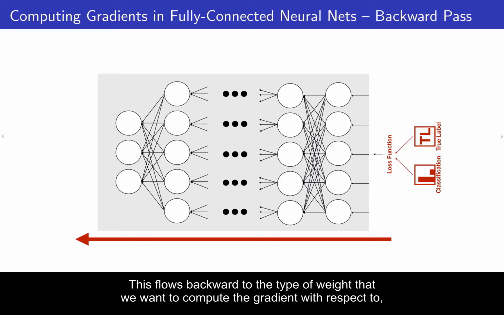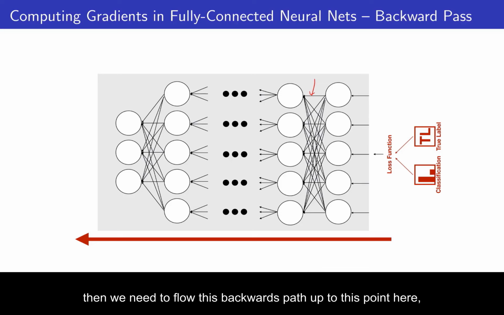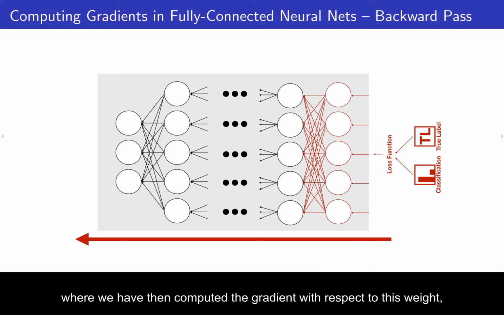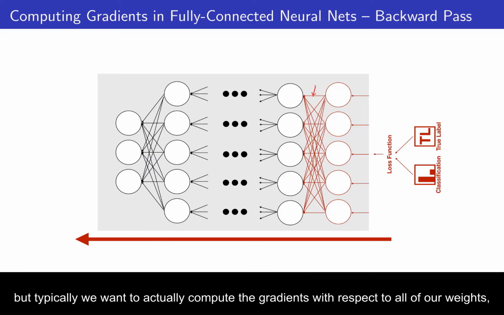This flows backward to the type of weight that we want to compute the gradient with respect to. So let's say we want to compute the gradient with respect to this weight, then we need to flow this backwards pass up to this point here, where we have then computed the gradient with respect to this weight. And if we only want the gradient with respect to this weight, we could stop here, but typically we want to actually compute the gradients with respect to all of our weights.